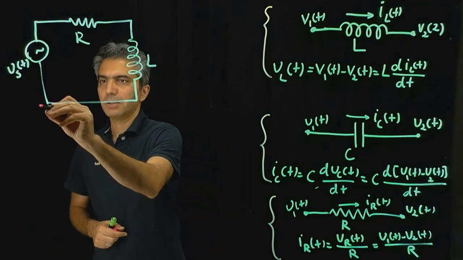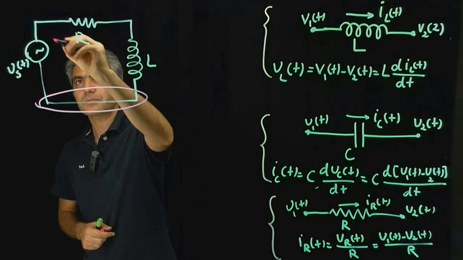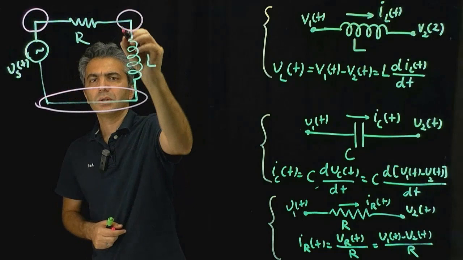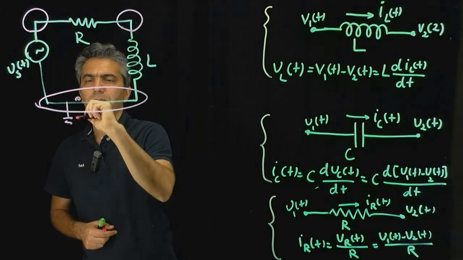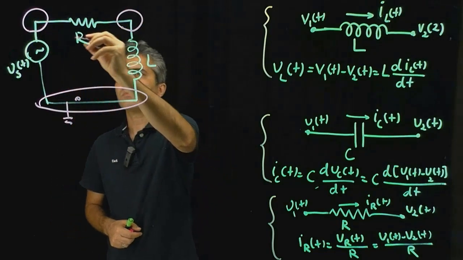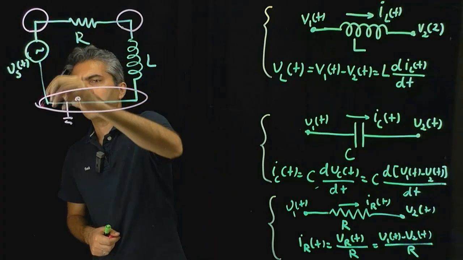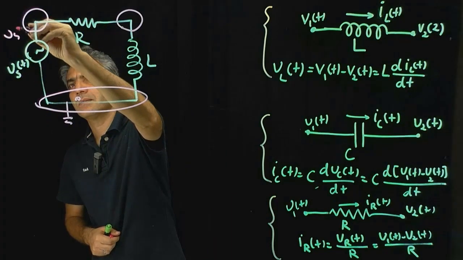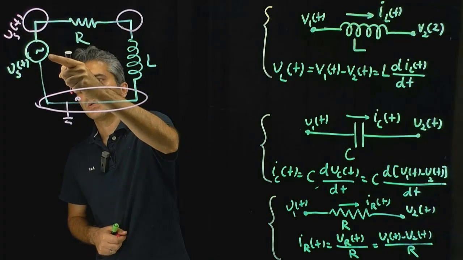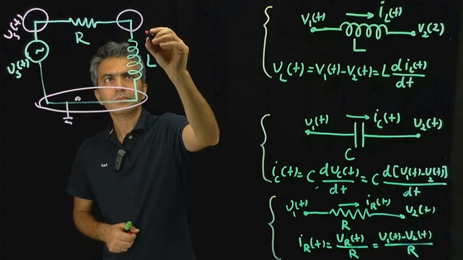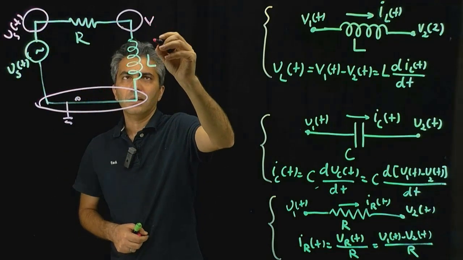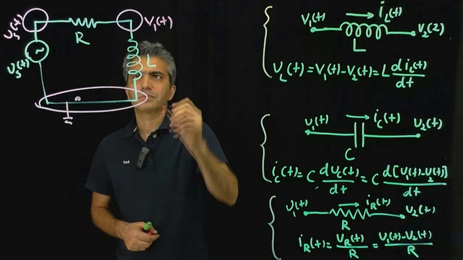We started by labeling the circuit. So this is one node, one node, one node. I'm going to assume that's my reference. That then at that point would be VS(t). Why? Because that's the equation for that component. I'm going to call that V1(t).